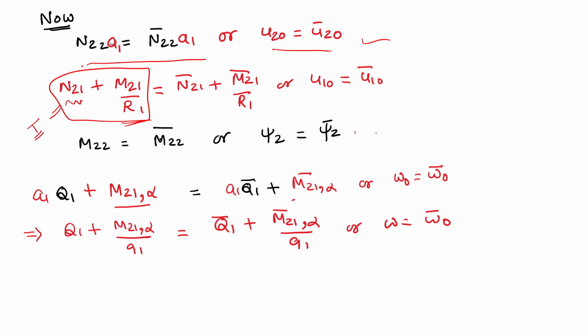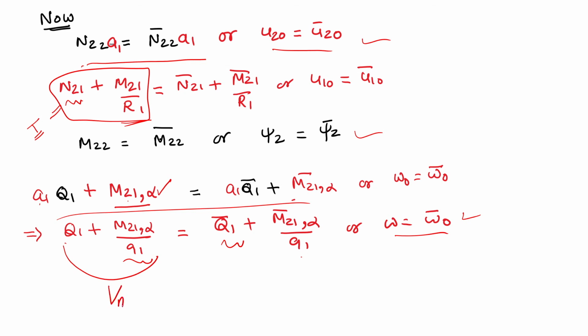The third remains the same. In the fourth we add the m21 derivative with respect to alpha, divided by a1. So q bar 1 m21 comma alpha or w naught, and this term is known as the Kirchhoff shear Vn or V1.